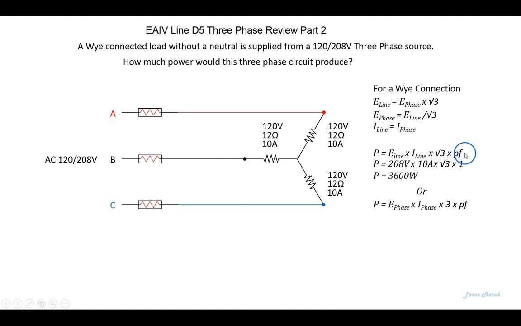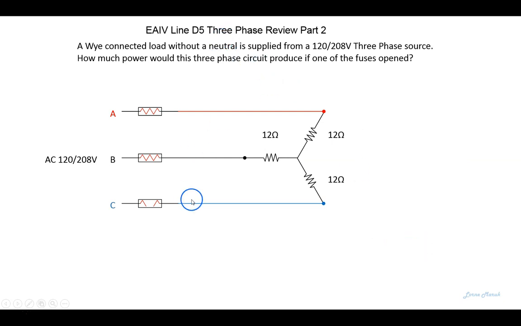Now in this case, power factor is important, but because it's a totally resistive load, power factor is 1, and we can ignore it. If this was an inductive load, you would have to know the power factor or the angle to figure it out. We could also go E phase times I phase times 3. We have 3 phases, so that makes sense. And we get the same power either way.